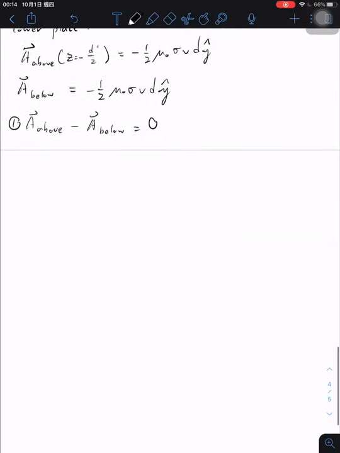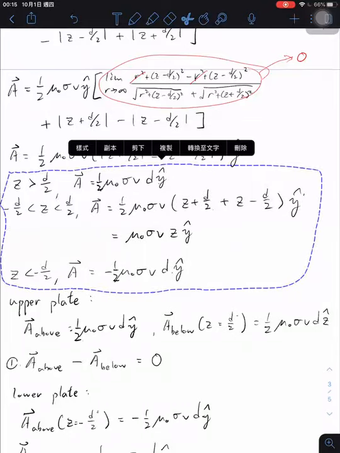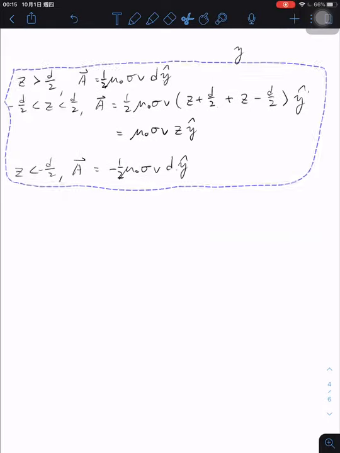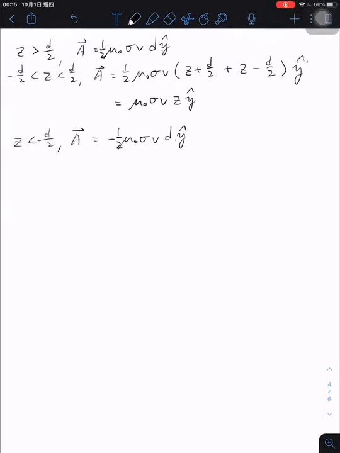Okay, for the second boundary condition, we have to take the derivative of the vector potential. Let me copy the result here. When we take the derivative for the upper region, the derivative of the vector potential with respect to z is clearly 0 because it is a constant.